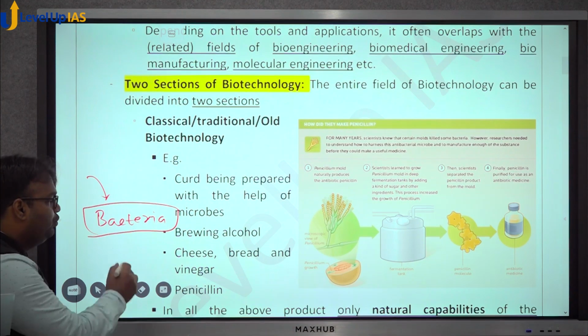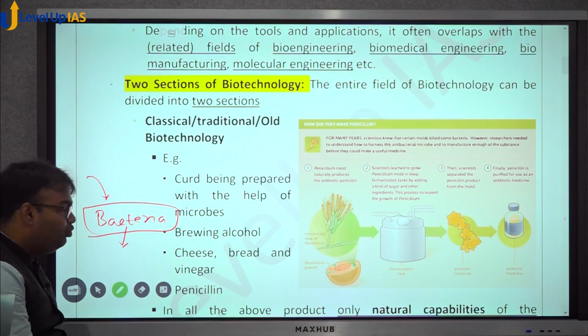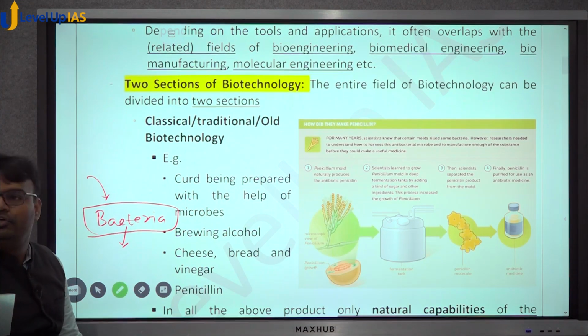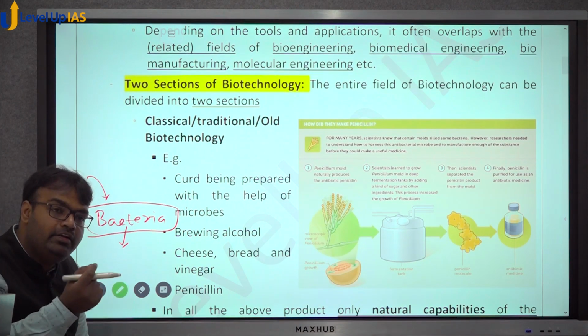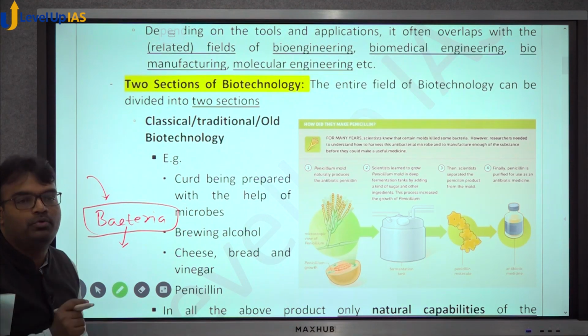Suppose you had made some changes in this bacteria to increase the growth of bacteria, so that rather than taking 12 hours for making curd, this increased growth could have allowed curd making to be possible within 1 hour. If we had modified the inherent property of the bacteria, then it would have become modern biotechnology.